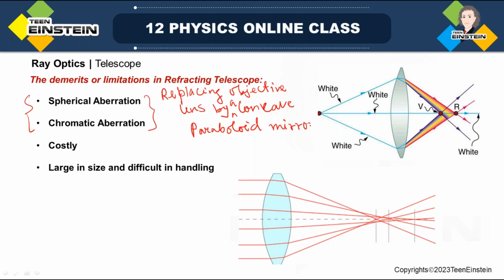See, instead of using a large aperture or large size objective lens, we have to use a concave paraboloid mirror.